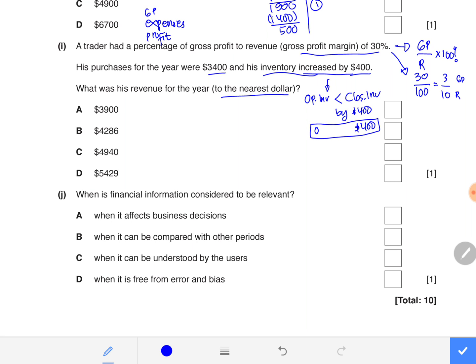Now, what is this for? This will be used to calculate your cost of sales, because cost of sales is opening inventory plus purchases minus closing inventory, and that is the difference in inventory. If opening is 0, as I assume, and closing inventory is 400, then opening minus closing is negative 400.